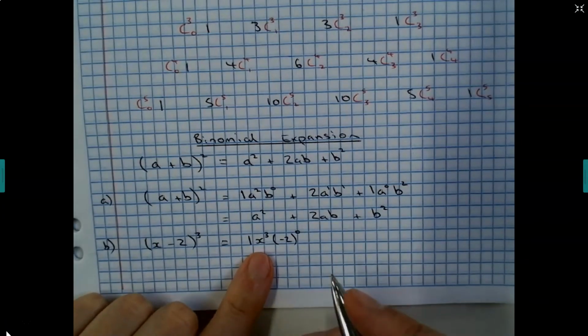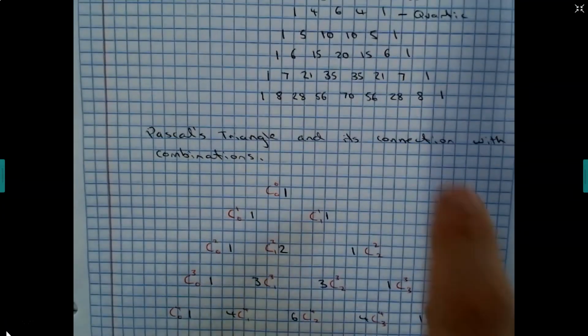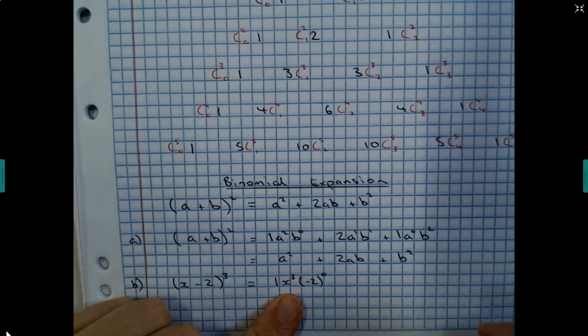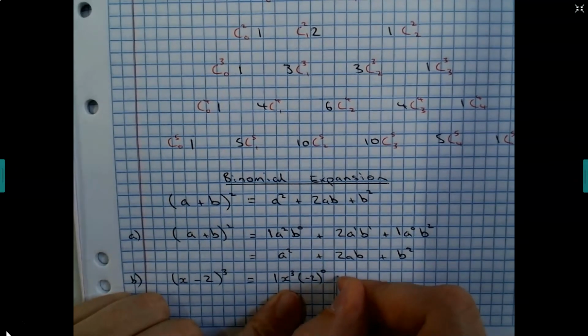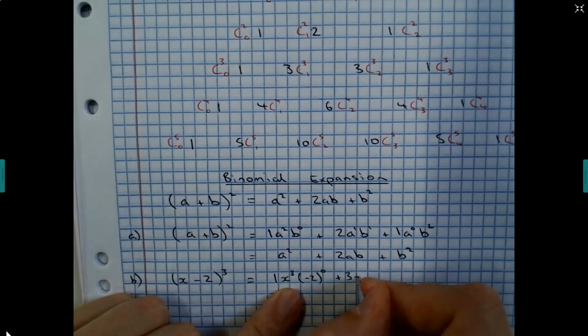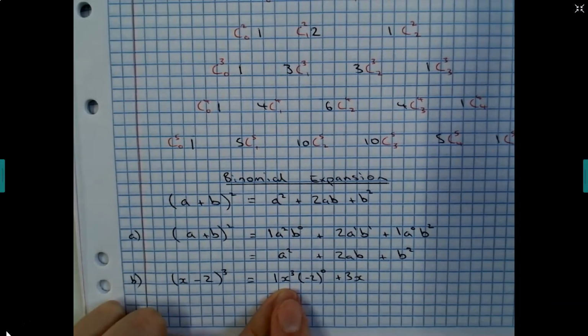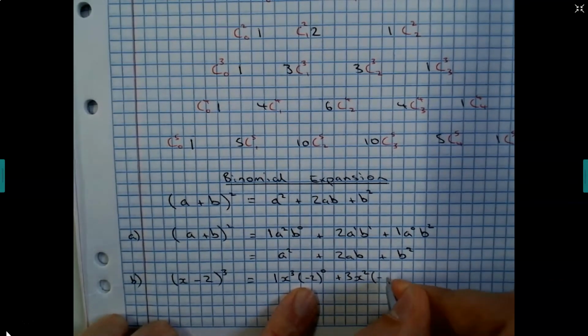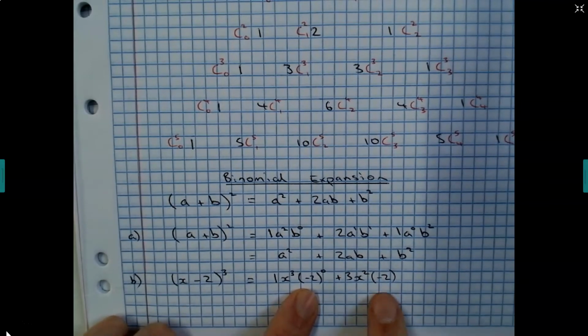All right, so then we look at Pascal's triangle. The next coefficient is going to be a 3. Okay, so now it's going to be plus 3. Now the first term, which is x, is going to be raised to the power of 2 because we're decreasing those powers for the first term. And then for the second term, we're going to increase the power by 1.